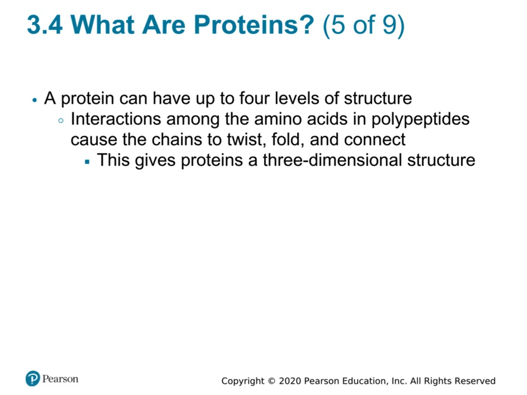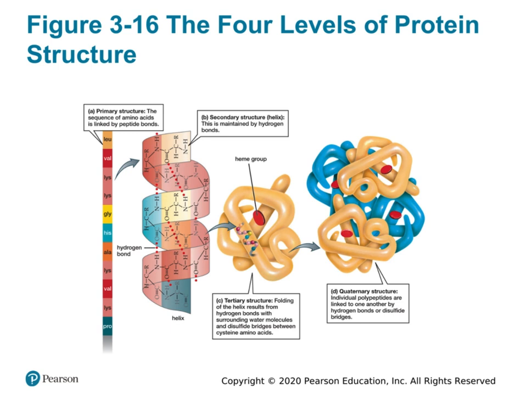But what is most important about proteins is the fact that they are very structurally complex. They have 4 levels of structural complexity. And this is looking at the interaction among amino acids and polypeptides and how the chains twist and fold and connect. It gives proteins a very important 3-dimensional structure. And proteins are all about their structure.